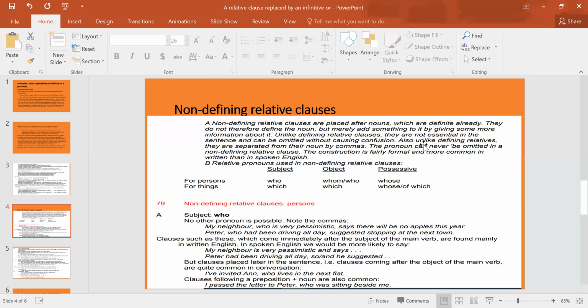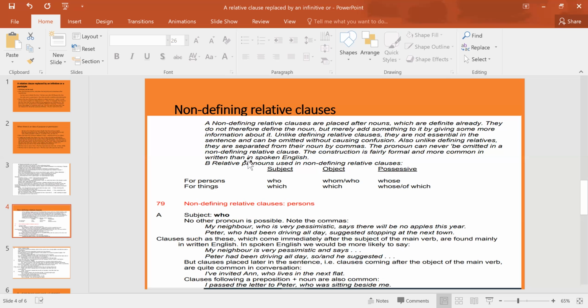Defining relative clauses are necessary in the sentences and cannot be omitted, but non-defining relative clauses are not that essential, therefore they can be omitted without causing any disturbance or confusion.